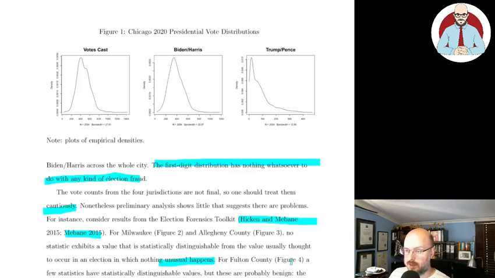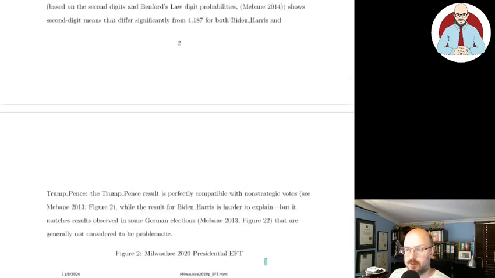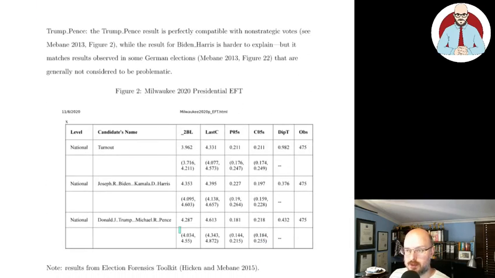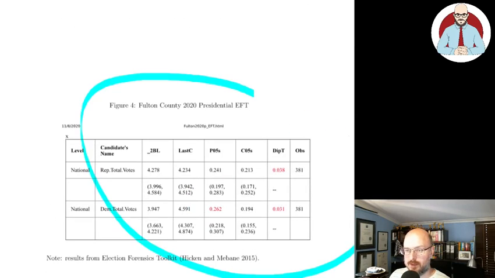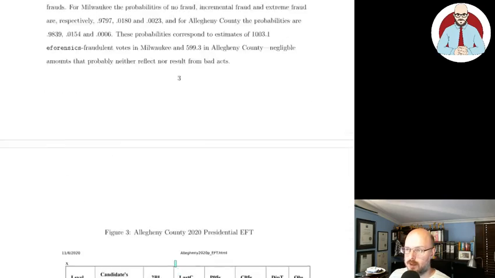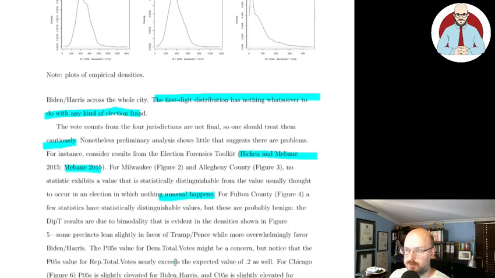For Fulton County, Figure 4. A few statistics have statistically distinguishable values, but these are probably benign.